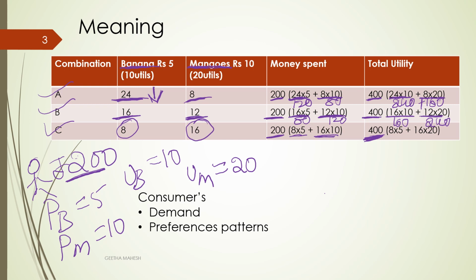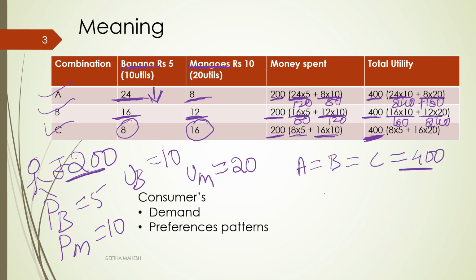Now, the consumer is indifferent, he is not differentiating between these combinations, because he gives equal importance to all the combinations. Any combination is okay for him because all the combinations give the same level of satisfaction, that is A is equal to B is equal to C is equal to 400 units of utility.